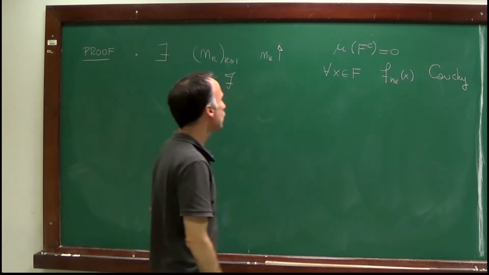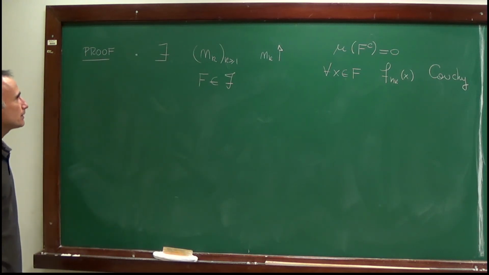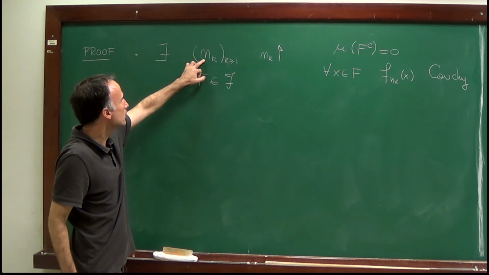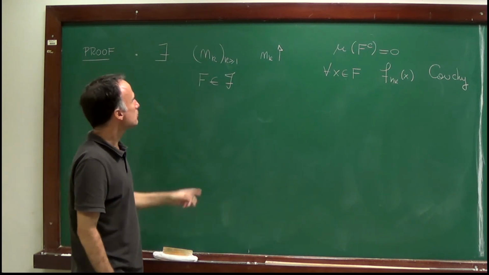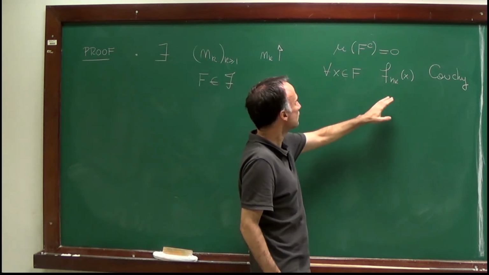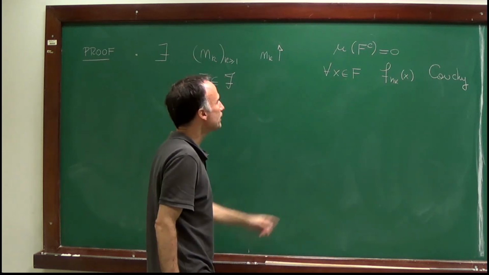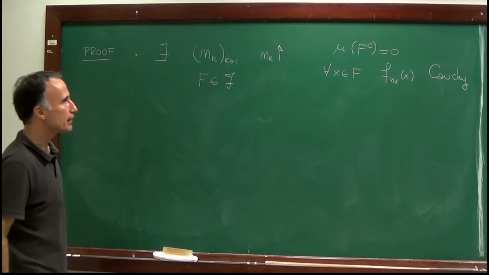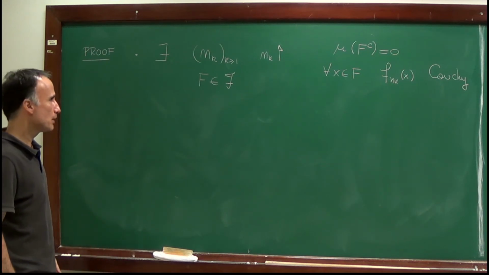So this is what we proved up to now, right? That we have a measurable set F and a subsequence n_k, such that the measure of F complement is 0, and such that for any x in this set F, the sequence f_{n_k}(x) is a Cauchy sequence.